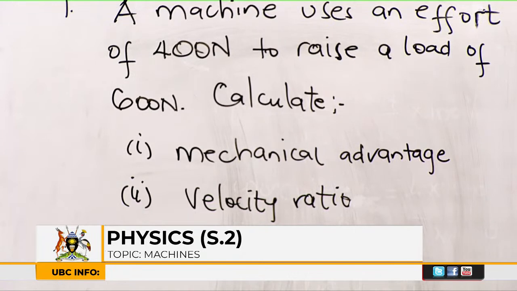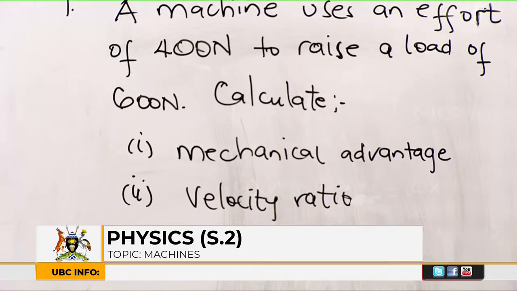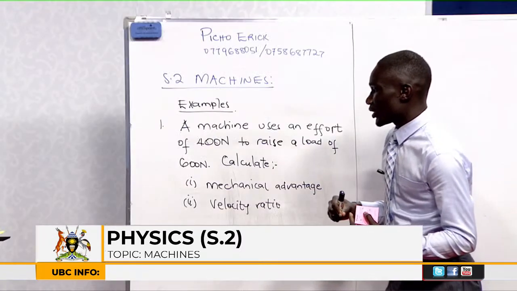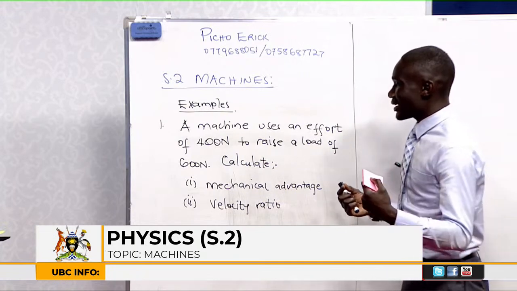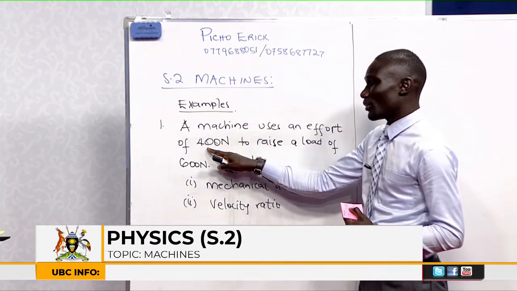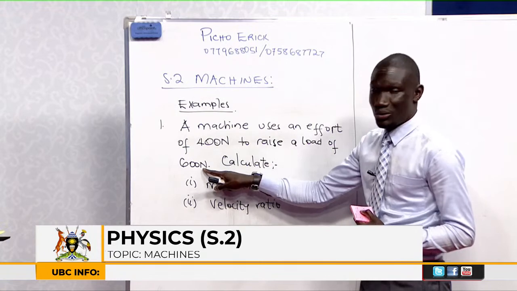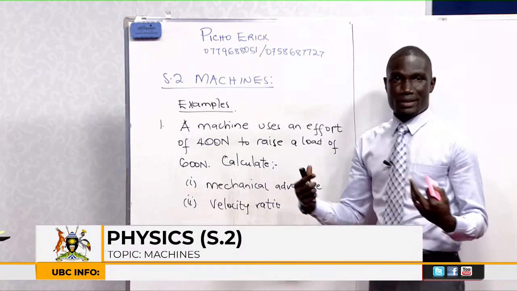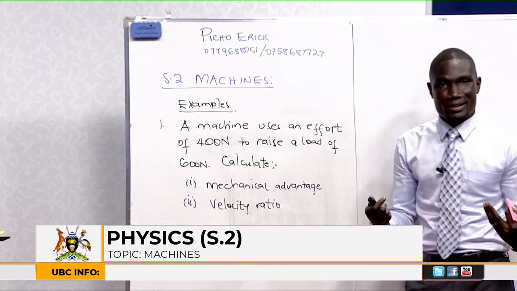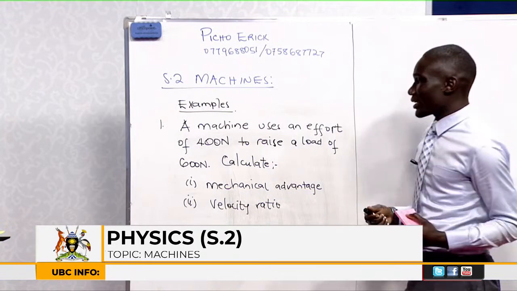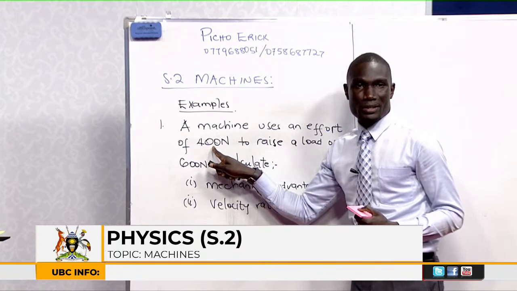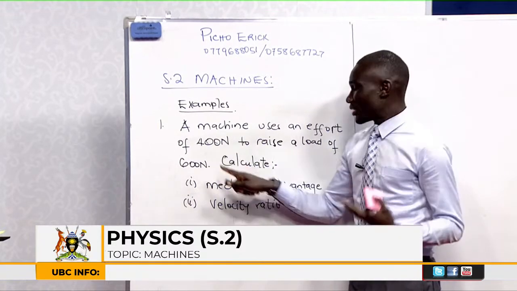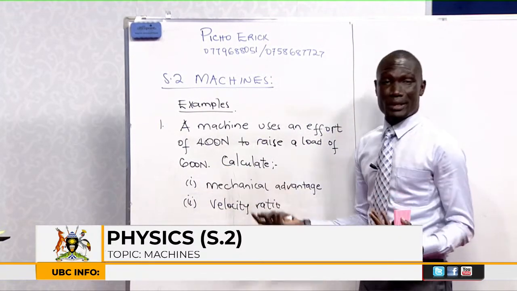We said that from the definition of a machine, you are supposed to be able to use a smaller effort. A machine should be such that you put in a small effort to overcome quite a bigger load. Because we are saying a machine is a device which makes work easy, right? So if it makes work easy, then I need to put in quite a smaller effort for it to be able to do quite a bigger load.